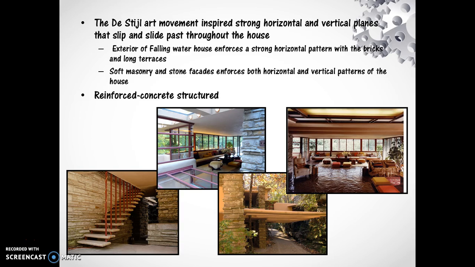Fallingwater House is a reinforced concrete structure. At first, Frank didn't pay much interest to concrete because he didn't think that concrete actually worked. But later on, he realized that concrete had the flexibility to be cast into any shapes, and when reinforced with steel, it gained extraordinary tensile strength as well.